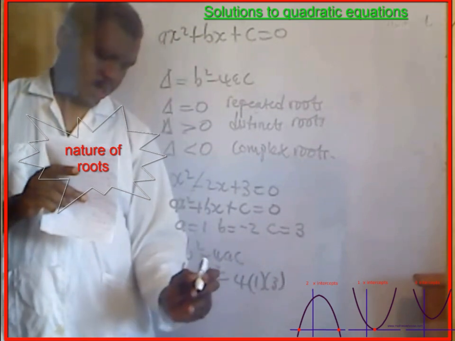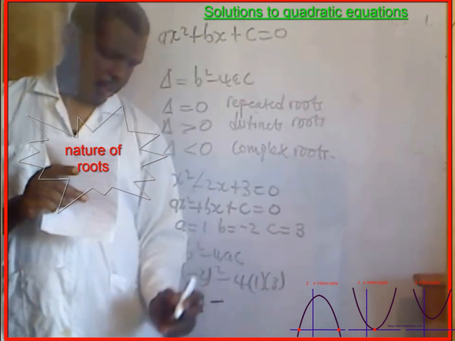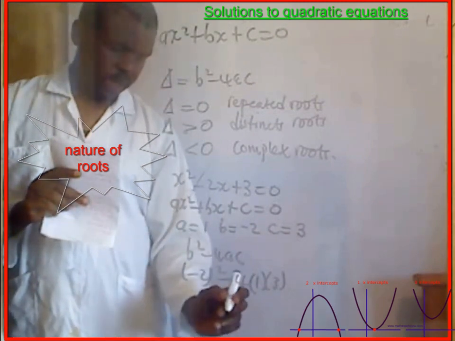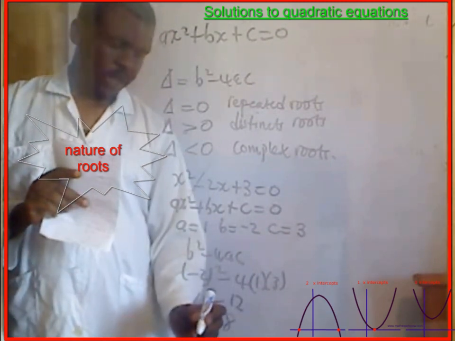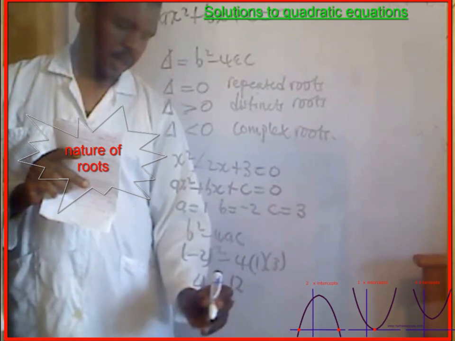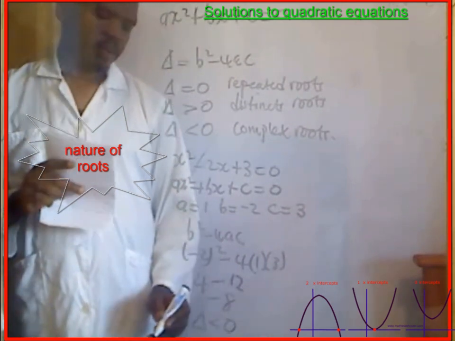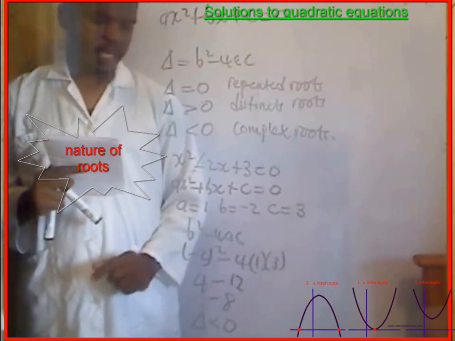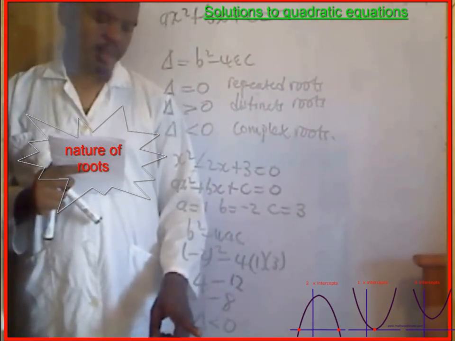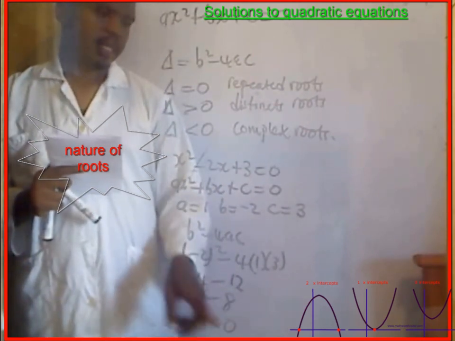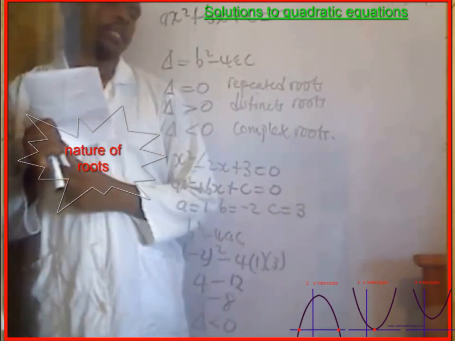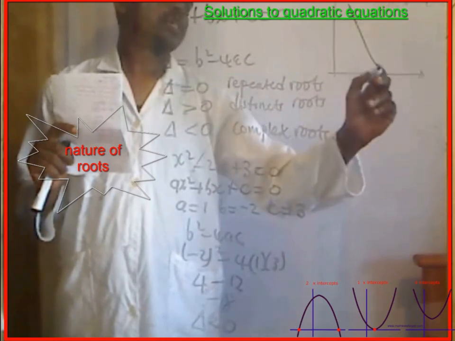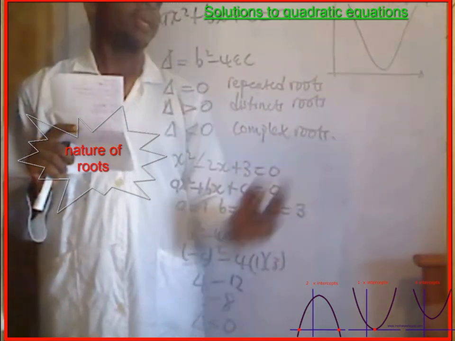This is 4 minus 12, which gives us minus 8. So our discriminant is less than 0. In this situation, our roots are imaginary because the discriminant is less than 0. So we are dealing with a situation where our parabola does not touch the x-axis.